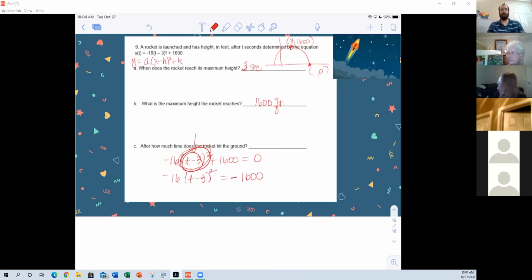Then what? Divide both sides by negative 16. Then what? Square root.